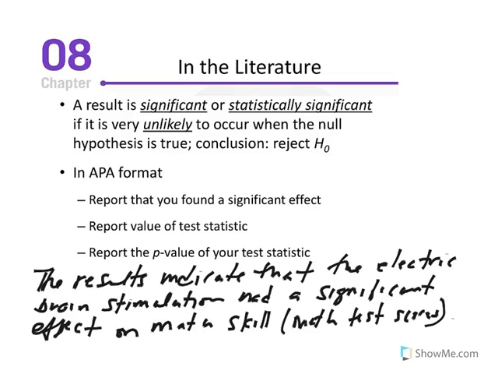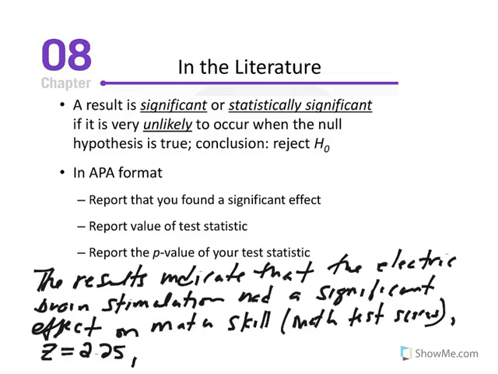Next, it says report the value of the z statistic. So then we would include a comma here, and then our z statistic was equal to 2.25. And then the third component is report the probability statement, the p-value for your test statistic.